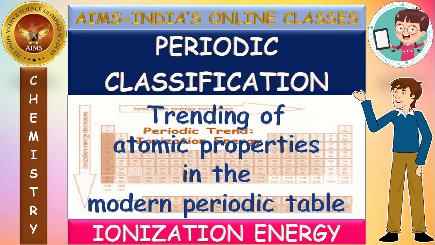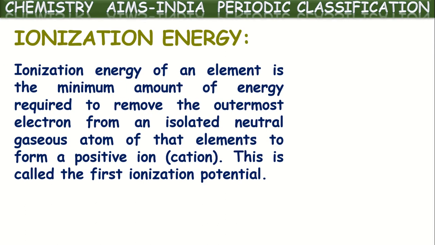Okay, what is ionization energy? Ionization energy of an element can be defined as the minimum amount of energy required to remove the outermost electron from an isolated neutral gaseous atom.